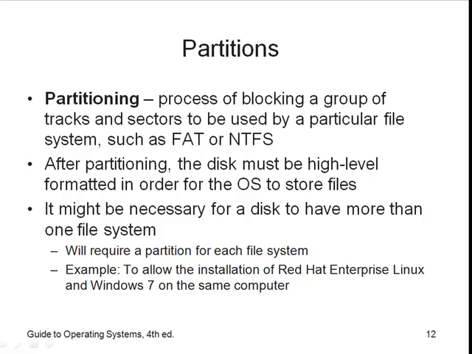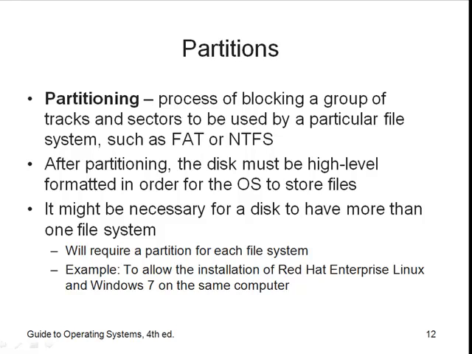Now that means that with multiple partitions, I can have multiple file systems. After partitioning, the disk must be high-level formatted in order for the operating system to store files. We generally do that through the format utility.